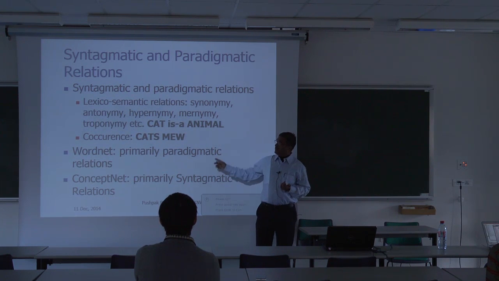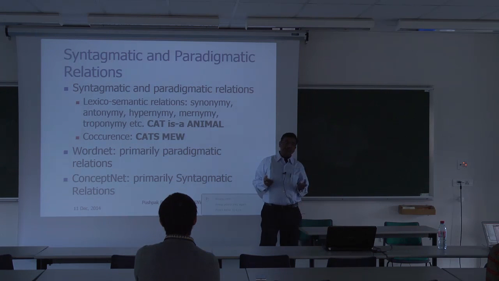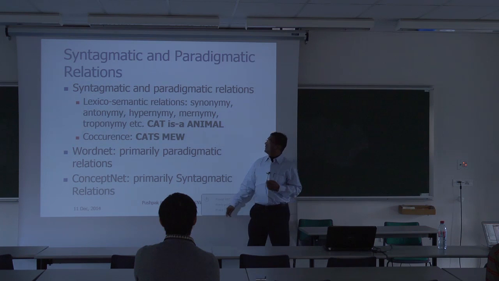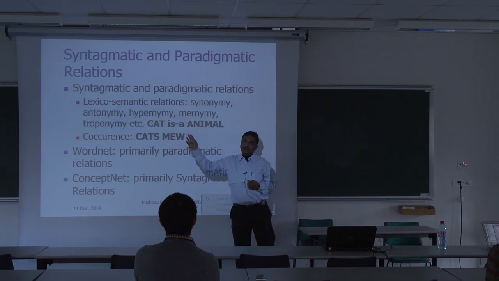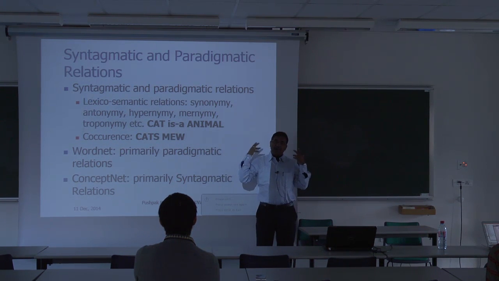An interesting fact, known from some psycholinguistic experiments in English, is that whenever we hear a word, if you hear the word cat, the words which come to our mind by association are approximately divided half and half into paradigmatic and syntagmatic relation. I will put down the actual reference here.